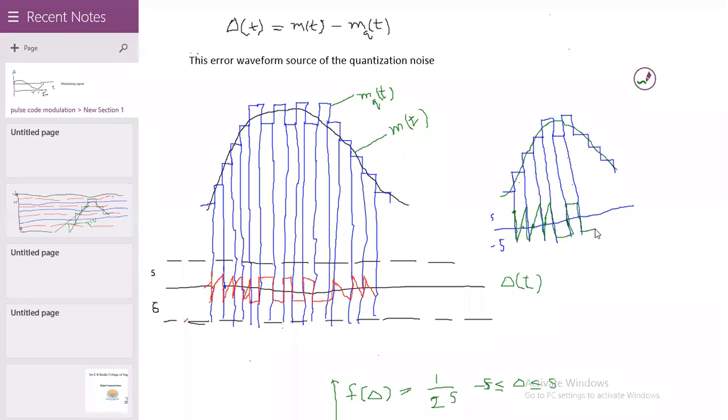Then again it stays up. From this one here we can observe that m of t is greater than the step signal, and at this one it crosses. This is an error signal up to this one.